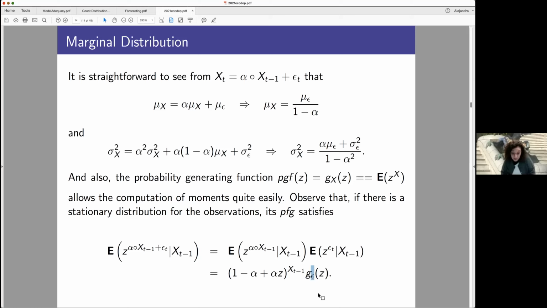So, marginal distribution with other kinds of thinnings. I didn't say what other kinds of thinnings we can use, but if you use another thinning, then we can have the same expectation for the marginal distribution. The variance will in general change, but Yule-Walker kinds of equations will remain.